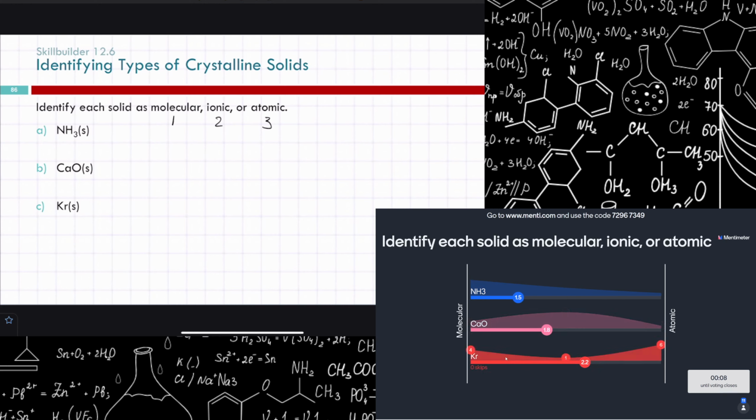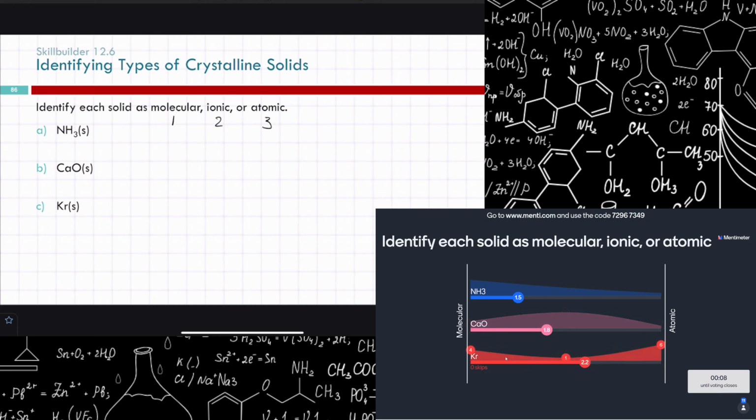So it's going to have a complete valence shell, so it's not going to form any bonds. So that would be an atomic solid. Yeah, it's an atomic solid, flat out, bar done.